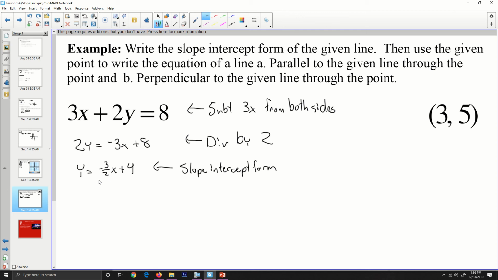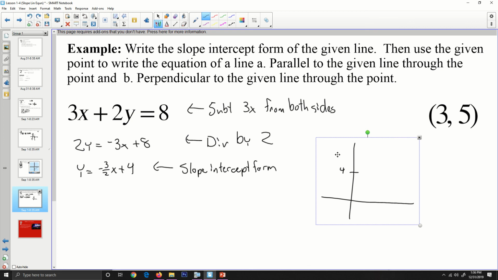And so I want to write a line parallel to the given line through the point. If I think about this line, it's got a negative slope and goes through 4. So just real quick here, I got 4 there, and I've got this line that's negative slope.